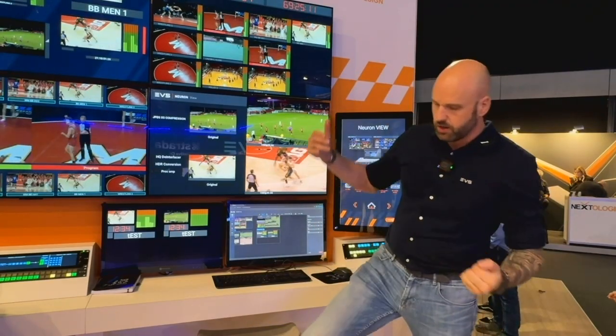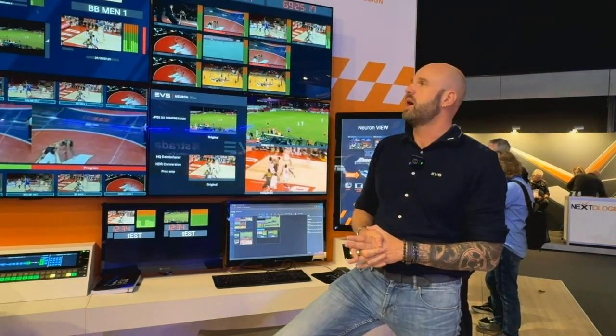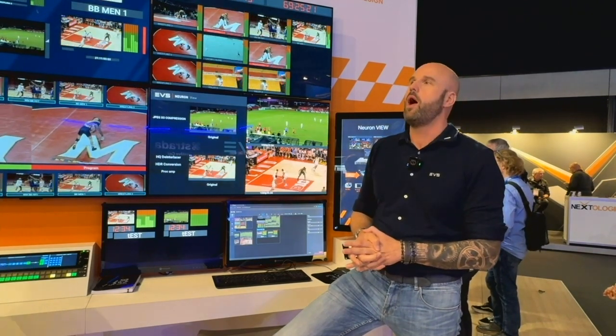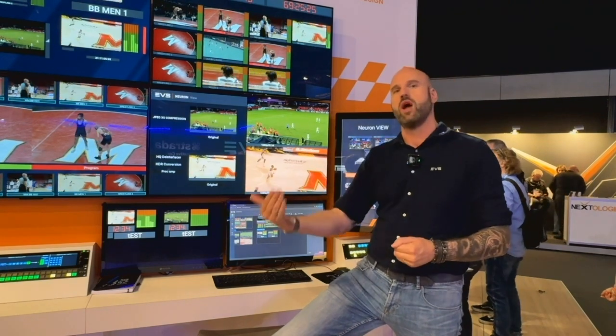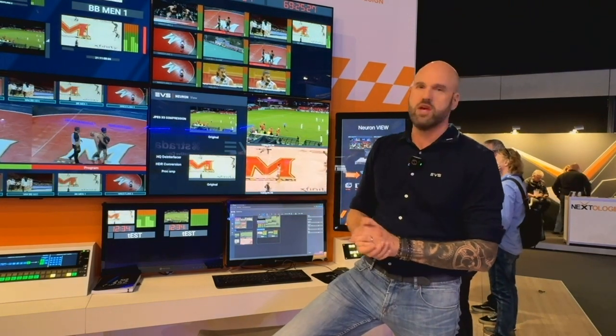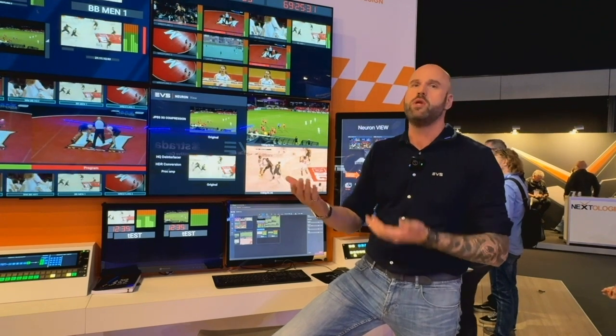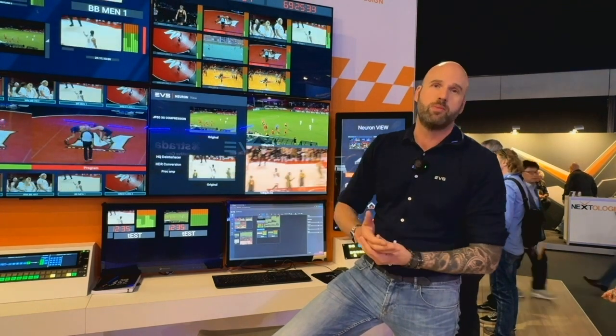The density: one multiviewer card, which is just half an RU, has 8 heads, so 8 FHD heads, or 2 UHD heads, or a mix, so 1 UHD and 4 FHDs. On the input side, we have 32 inputs, being SDI or IP, you can choose, and that's the beauty of the flexibility as well.